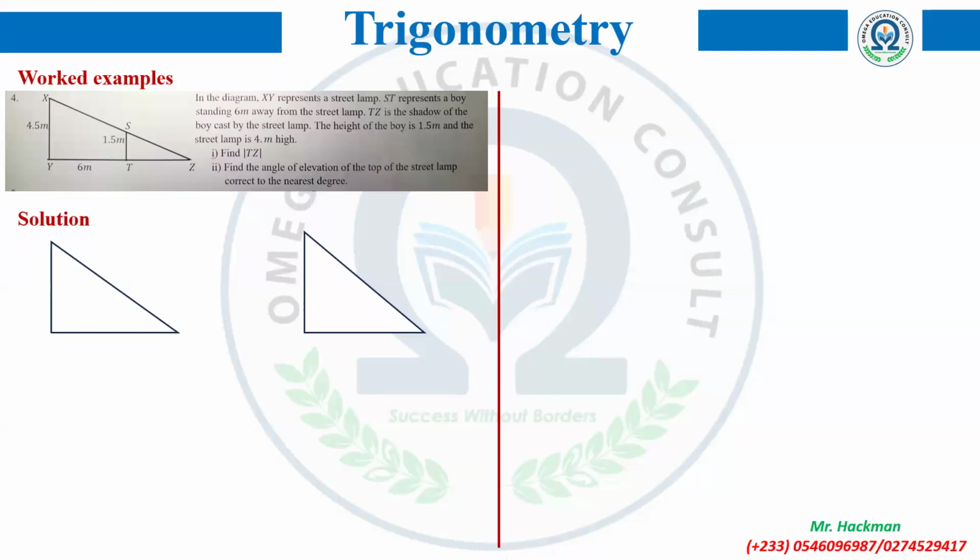All right, so let's look at question 4. For some reasons, I'm going to shelve question 4. Question 4 and question 5 and maybe question 6 are quite related. So if I shelve question 4 and we do question 5, question 6, when you come back to question 4, you should be able to do it. The reason why I'm shelving question 4 is basically because of this angle of elevation.